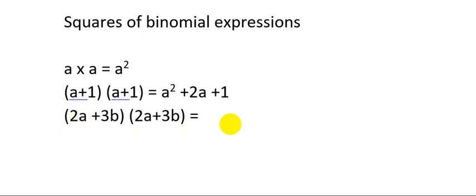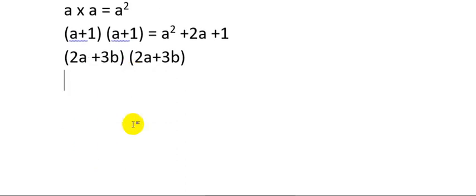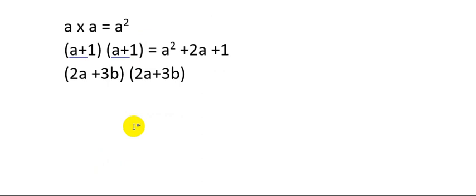If I rewrite this again, I can write 2a plus 3b, the whole thing squared. Actually this is the expanded form of 2a plus 3b into 2a plus 3b. So let's expand this binomial expression and see how we derive the answer and how to easily memorize and write the final answer instead of writing the steps.